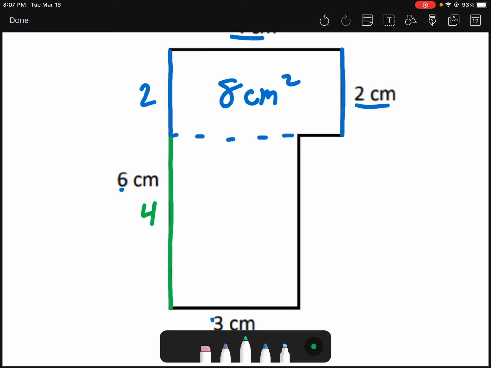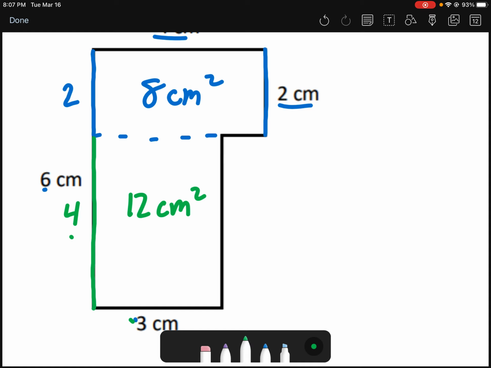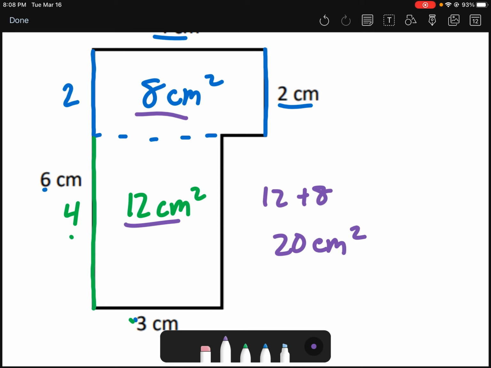So that means this green section must equal 4. So now I can multiply these two numbers together. 4 and 3 multiplied would give me 12 centimeters squared. Altogether, I can take 12 and 8, add them together. The whole area of the irregular shape is 20 centimeters squared.